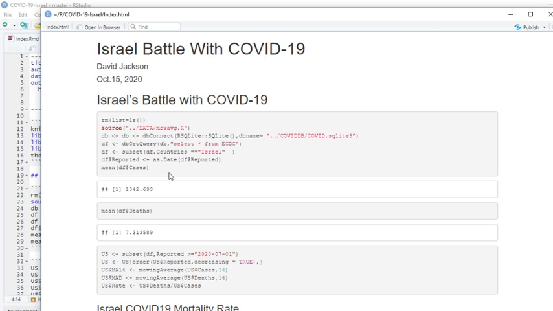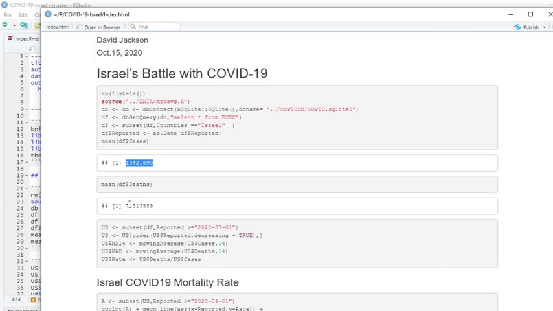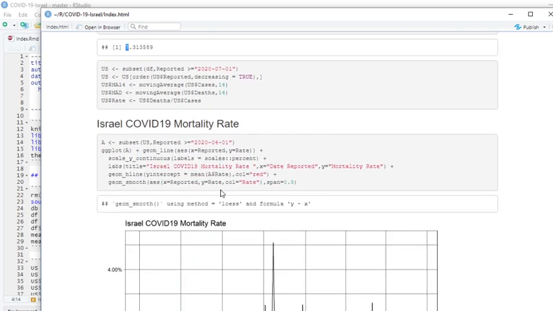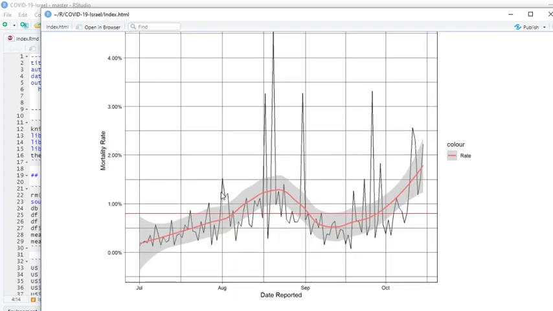Okay, so currently Israel is averaging 1,042 cases per day, but only about 7 deaths. So I'm not quite sure what their concern is. But let's take a look at mortality rate. So here's the mortality rate. This is about 0.75%. And you can see at this point they began to decline back up towards this level.